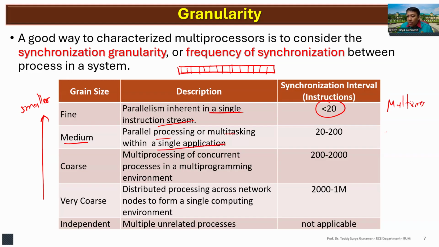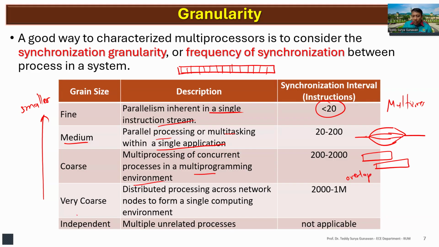That means you are using threads from one process, you can create various threads, and after they finish, you can join. So this is the medium. Coarse: multiprocessor or concurrent processes in a multi-programming environment. So you can have multi-cores, and then you can do overlapping.